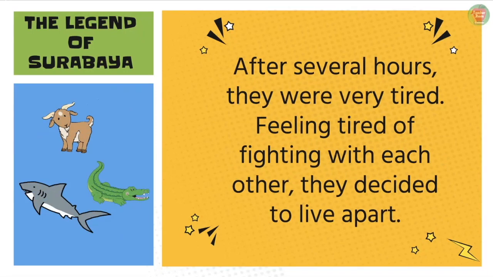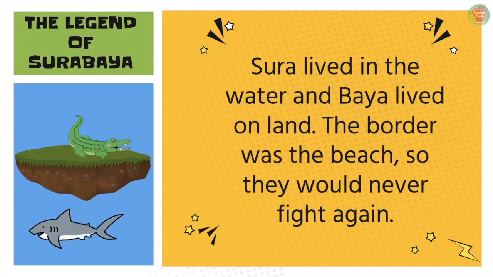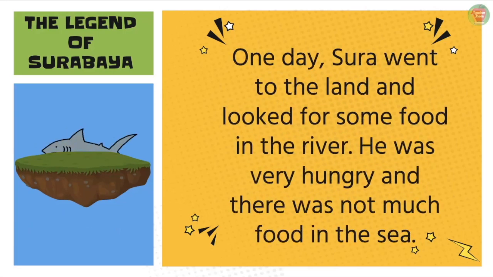After several hours, they were very tired. Feeling tired of fighting with each other, they decided to live apart. Sura lived in the water and Baya lived on the land. The border was the beach, so they would never fight again. One day, Sura went to the land and looked for some food in the river.